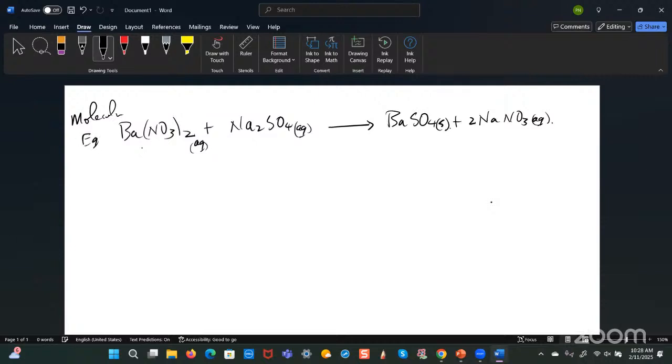right? So my question to you is, how do we determine the ionic equation, which is the next step, based on what we have done so far? How would we determine the ionic equation? Okay, so what do we break down? Let's start here.